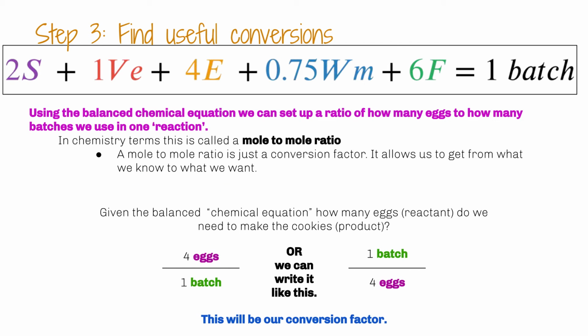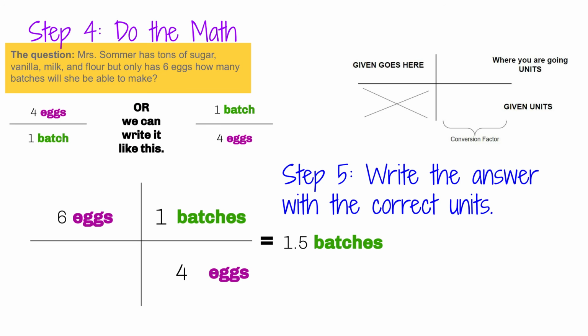So given the balanced chemical equation, how many eggs, our reactant, do we need to make the batch of cookies, our product? So if we look here, 4 eggs equals 1 batch. So our conversion factors can be 4 eggs over 1 batch or 1 batch over 4 eggs. This is our conversion factor.